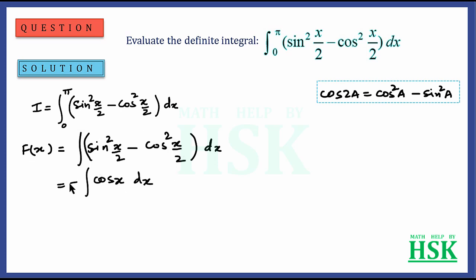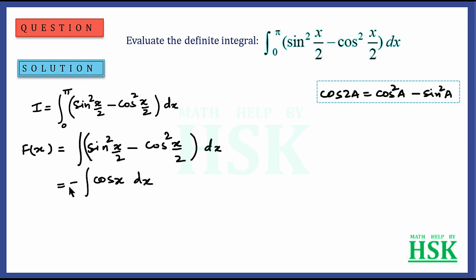So for this I have written minus cos x because you can see that if we take the minus sign common from both these terms, then only they will be in the form of cos square x by 2 minus sine square x by 2. And in this form only the formula would be applicable, and so we are going to get this value as equal to minus cos x.